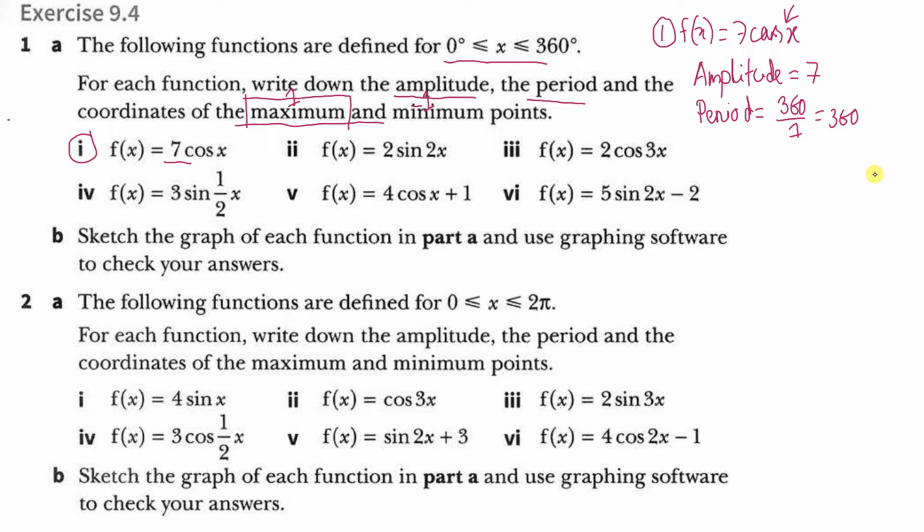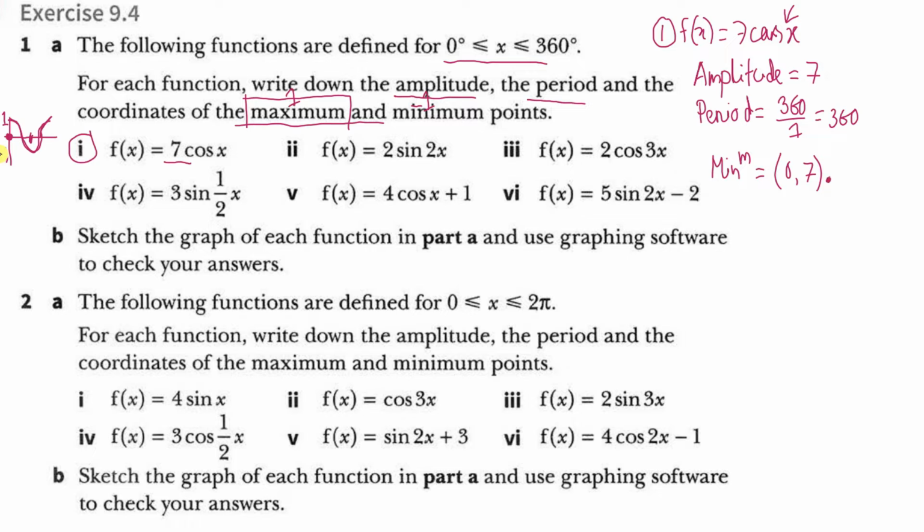The basic cos graph looks like this, and it goes like this. Maximum is 1, the minimum is -1. The maximum starts at the point 0 and the minimum at 180 degrees. So we can write its point at 0, and its y coordinate is 7 because the amplitude is 7.